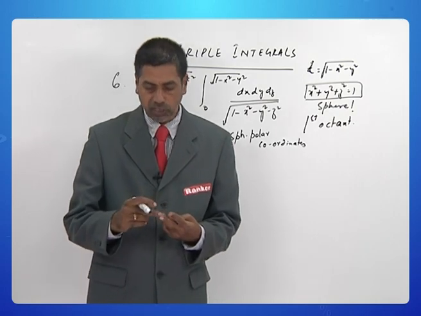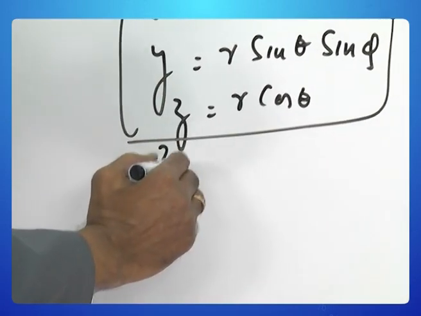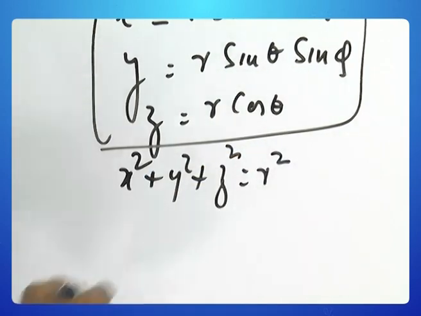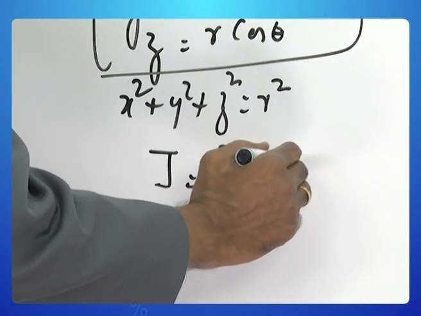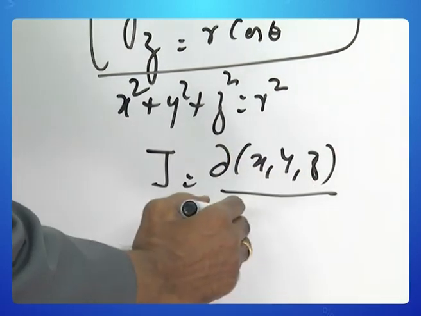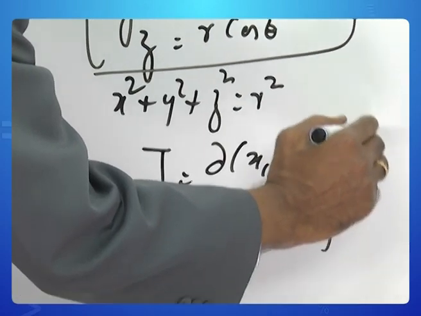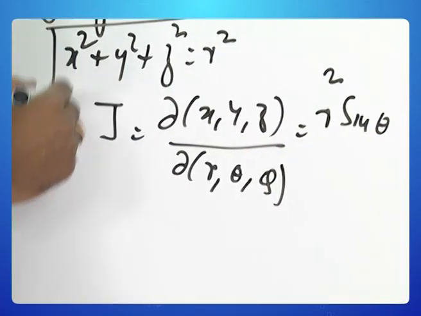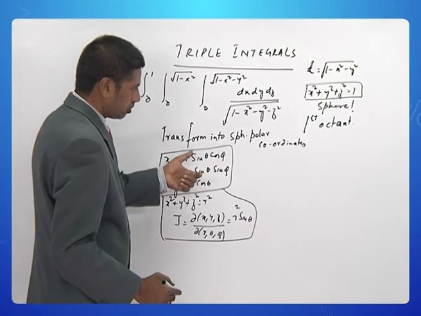But you must know two important things here. Suppose you square and add, then you will get x squared plus y squared plus z squared is equal to r squared. And not only that, the Jacobian dou(x,y,z) by dou(r,theta,phi) will be r square sin theta. So these are two very important results connected with this transformation.